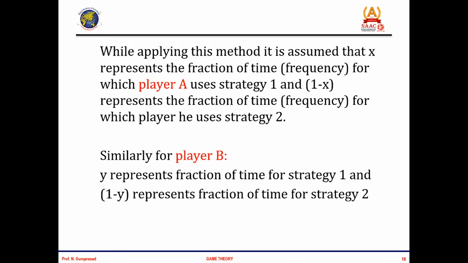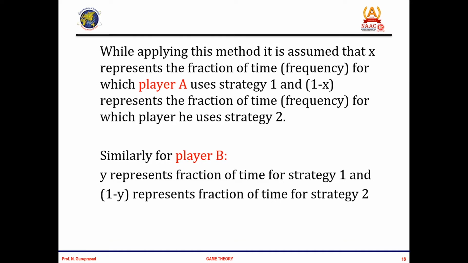So in the algebraic method, it is assumed that x represents the fraction of the time, we call it frequency as well, for which player A uses strategy 1, and 1 minus x represents the fraction of time for which the player uses strategy 2. Right?